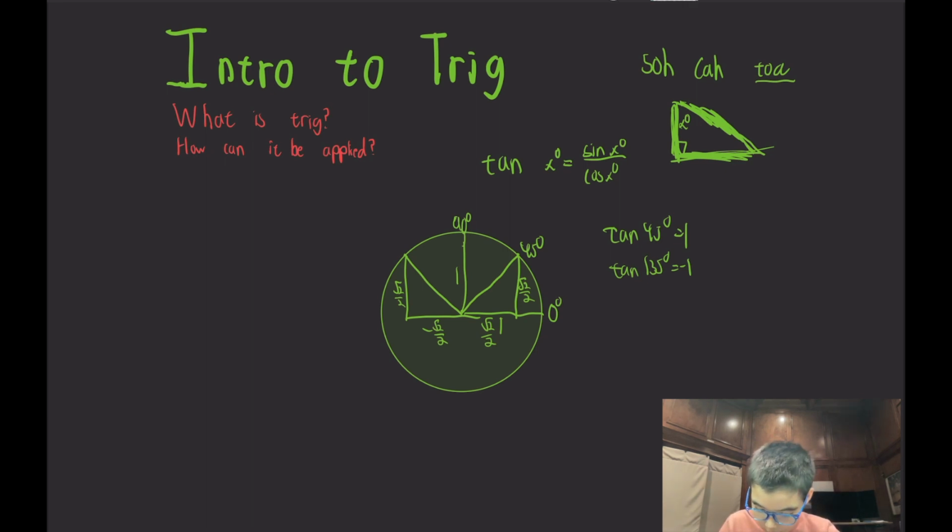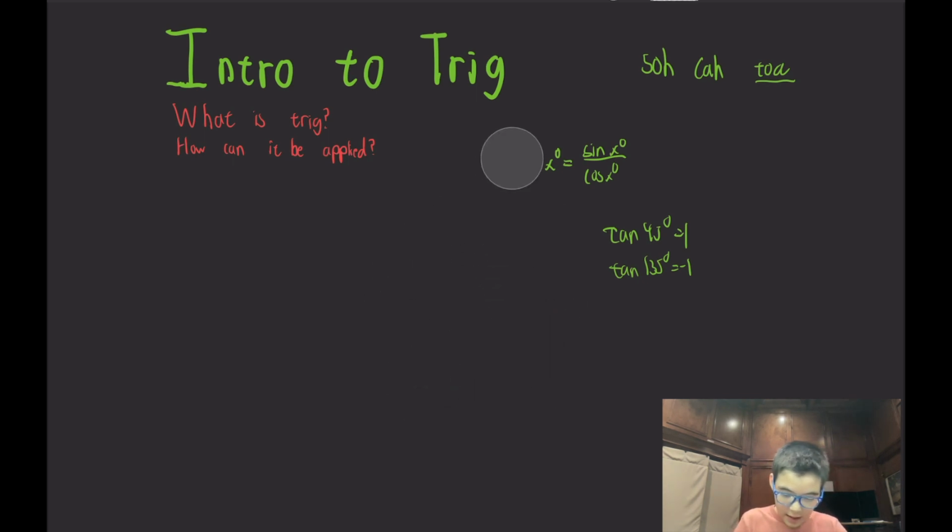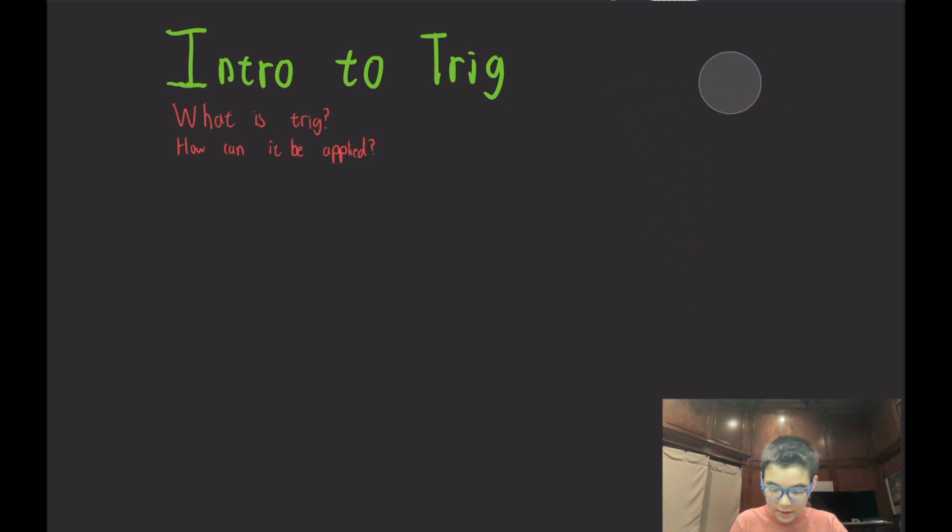So this stands for sine, opposite, hypotenuse; cosine, adjacent, hypotenuse; tangent, opposite, adjacent. Okay, so now you know what sines, cosines, and tangents are. Let's try a problem.